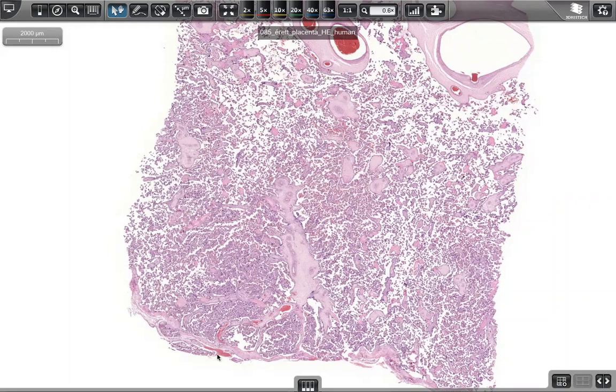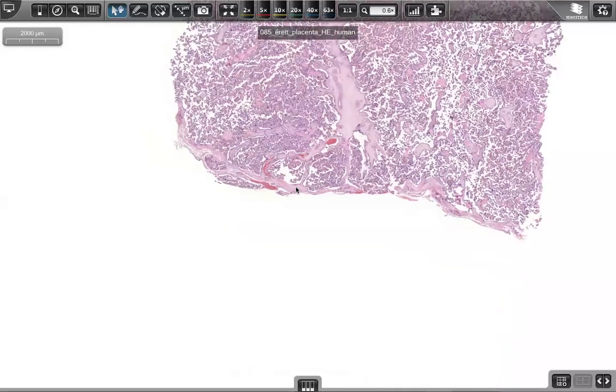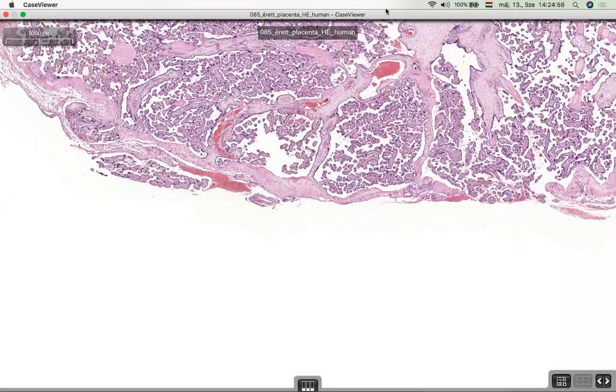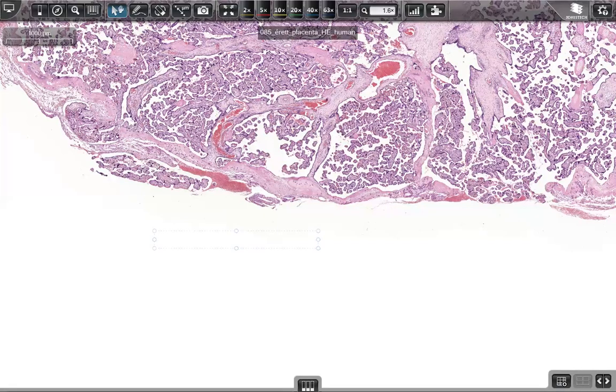And on the maternal side, everything is derived from the decidua basalis. Therefore we can find here decidua cells. So we can find decidua cells, showing some.